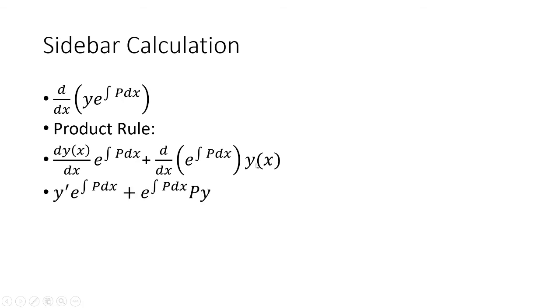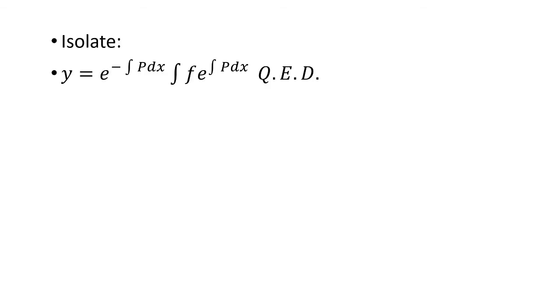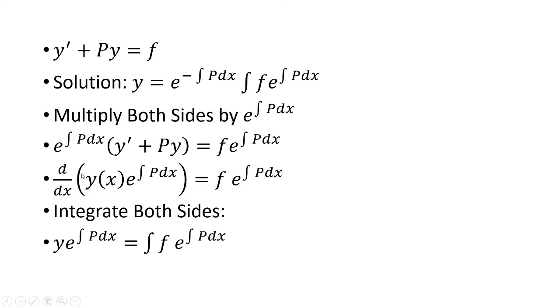And here we change the notation a little. dy/dx, we make it y prime, and for what was the second term, we use the chain rule: e to the integral of p times whatever's inside the integral, which is p, and then times the y right here. The last step is just to factor out the integrating factor. And here we just proved this is equal to this, hence that is equal to this.